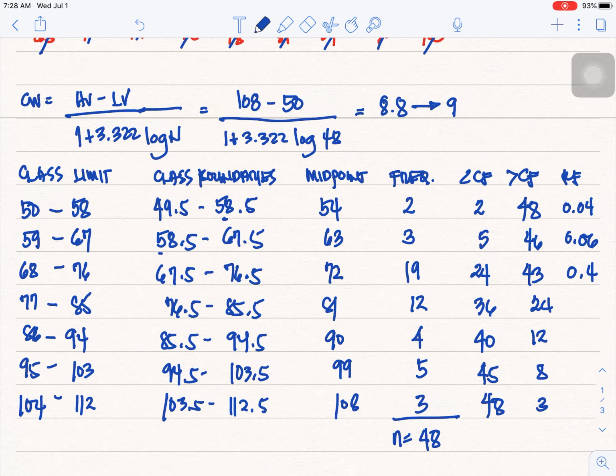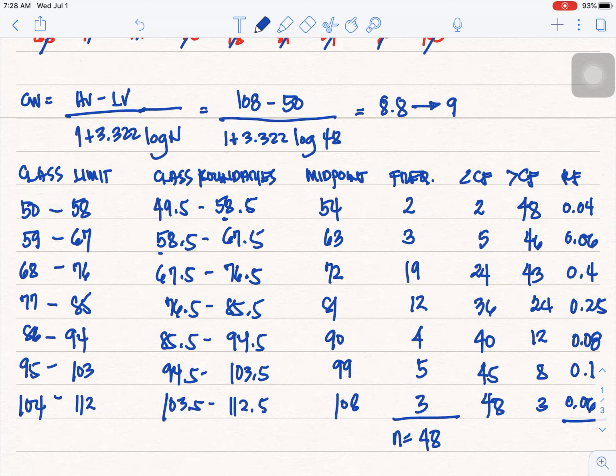Then 12 divided by 48, that is 0.25. Then 4 divided by 48, that is 0.08. Then 5 divided by 48, 0.1. And then 3 divided by 48, that is 0.06. Sorry for that, let me write this again. 0.06. So this should be approximately equal to 1 or equal to 1.